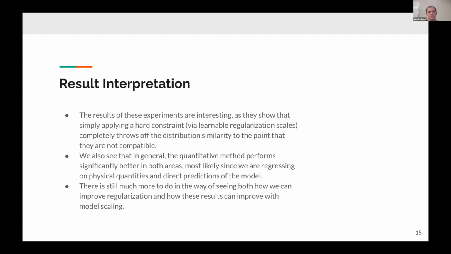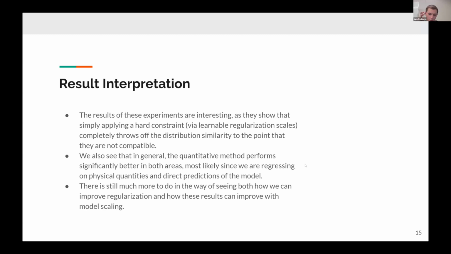But overall, it's very interesting to see that applying this hard constraint, where lambda has to minimize G via backprop, it completely throws off distribution similarity to the point where they're just not compatible, which I think is expected given the nature of normalizing flows. We also see that in general, the quantitative method performs significantly better.